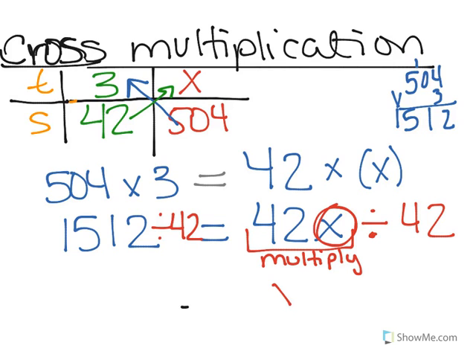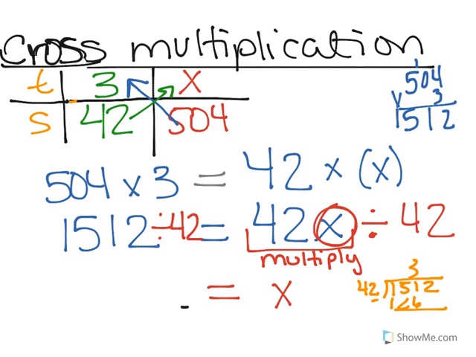So I'm left with x is equal to, well, now I need to do my long division. So I have 42 goes into 1,512. I know that 42 times 3 gives me 126. We did that earlier, so we got 126.